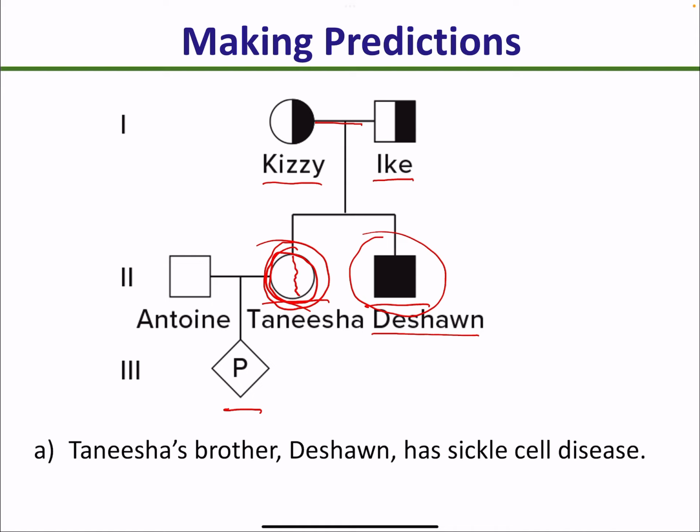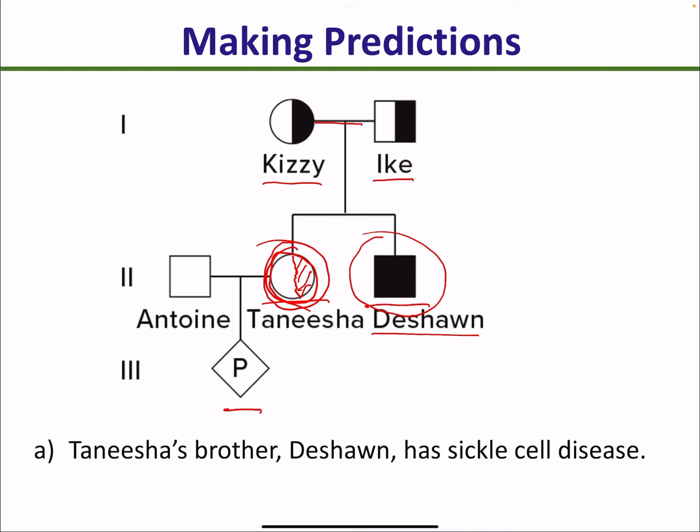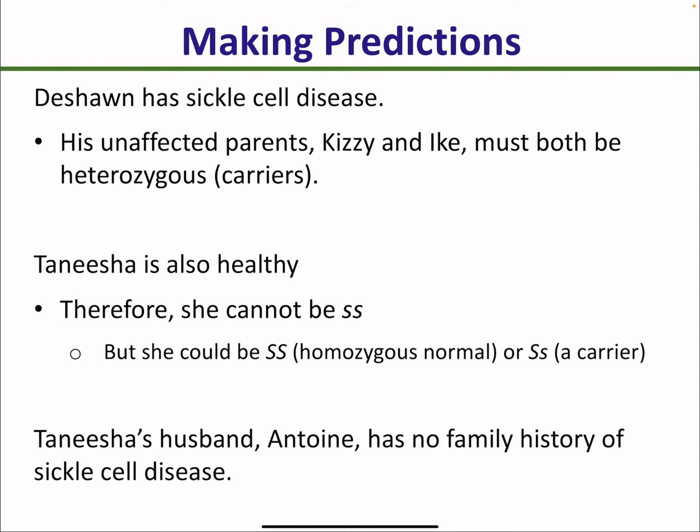So for this lady to be a carrier, she has to inherit one defective allele from mom or from dad. And now that we know this, what is the chance that the unborn child here is going to be a carrier? So that chance is half, because mom is a carrier, right? Okay, so mom has half the chance to pass that carrier gene to the child.